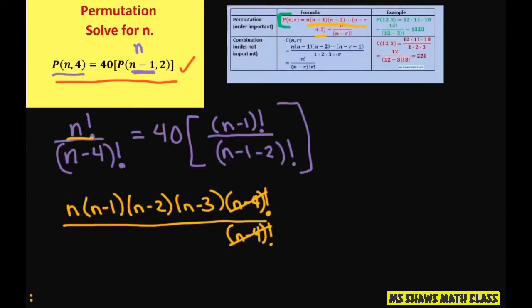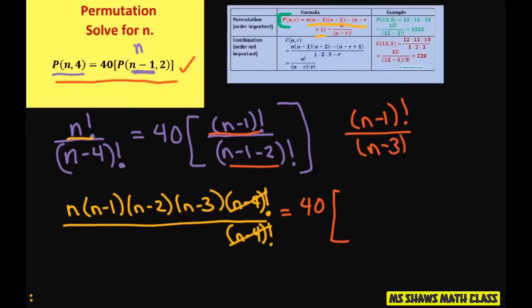Now, for the right side, copy down your 40, and we do the same thing. So let's look at this. The denominator here is n minus 3 factorial, and the numerator is n minus 1 factorial.